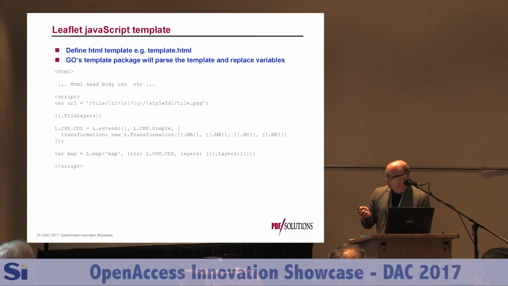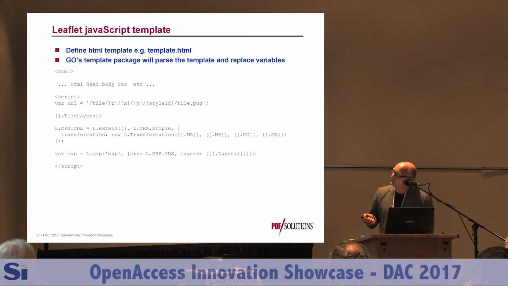So you simply have some HTML where you define your header, body, CSS, whatever is needed. Here, the only thing you have to do is define the URL in this kind of format where you say, this is the URL, Z stands for zoom, X for X, Y for Y. Style ID is something I define, which is in my case a layer, and then tile.png.